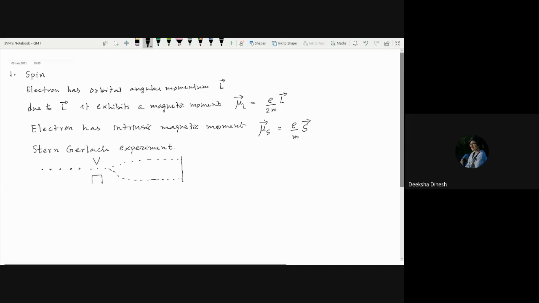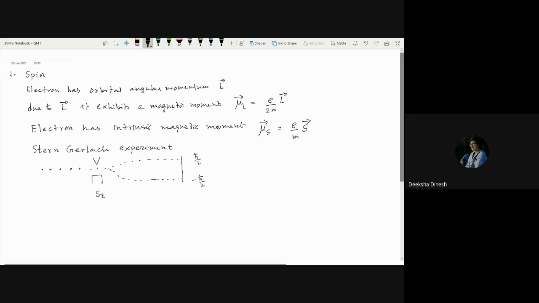So for spin-half particles, there is a quantization in terms of two beams, so that spin will have two values. Let's say this is the z direction, so we are going to measure the Sz component, and Sz has two eigenvalues: an angular momentum of h cross by 2 or minus h cross by 2.